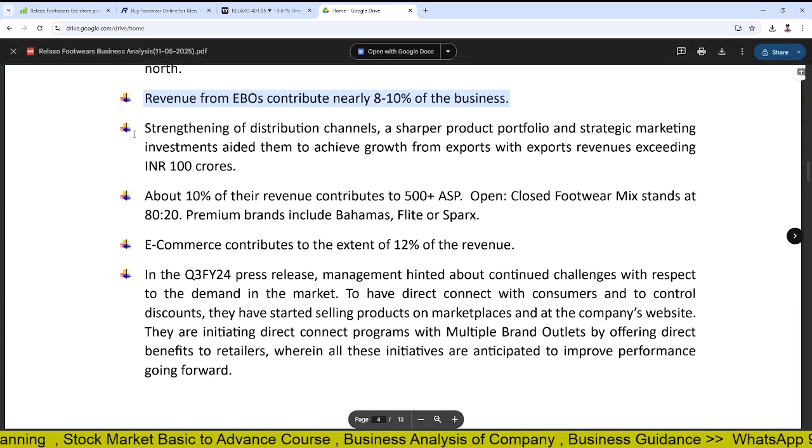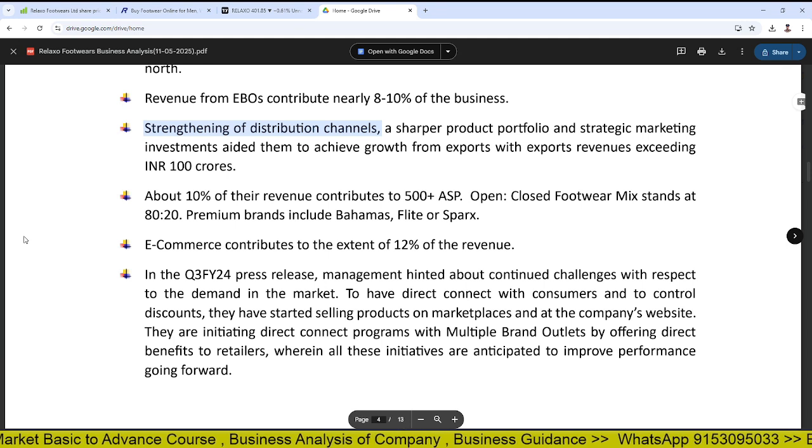Next point, strengthening of distribution channel. A sharper product portfolio and strategic marketing investment aided them to achieve growth from exports, with exports revenue exceeding Indian rupees 100 crore.